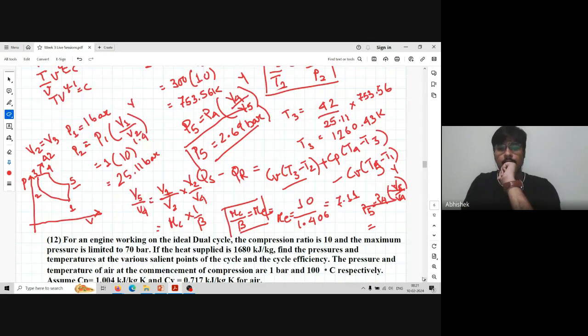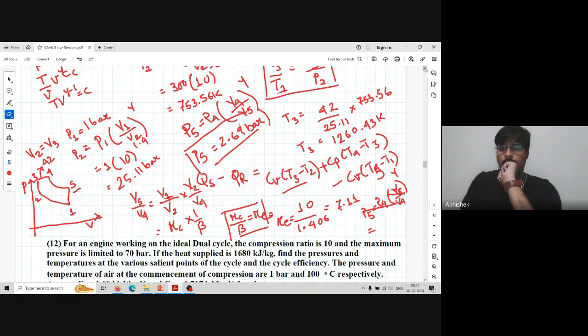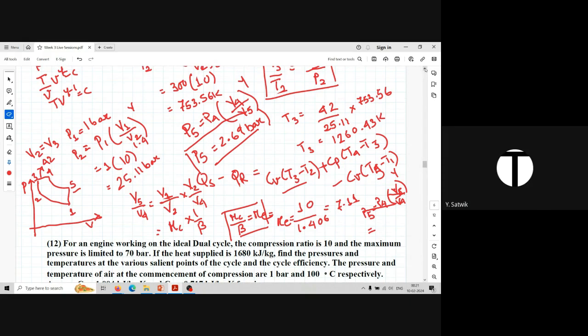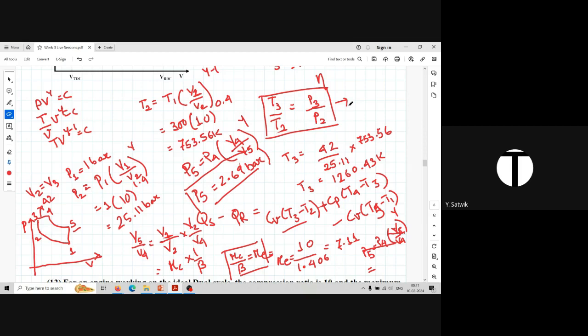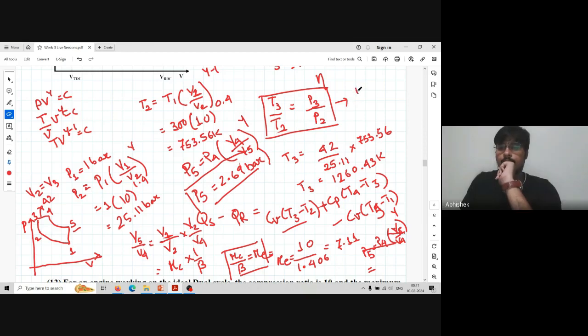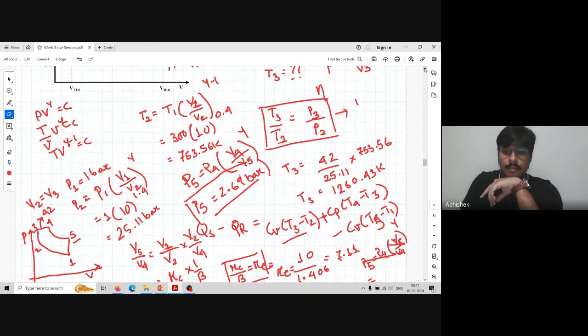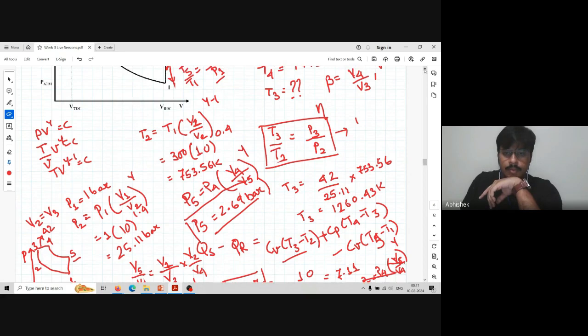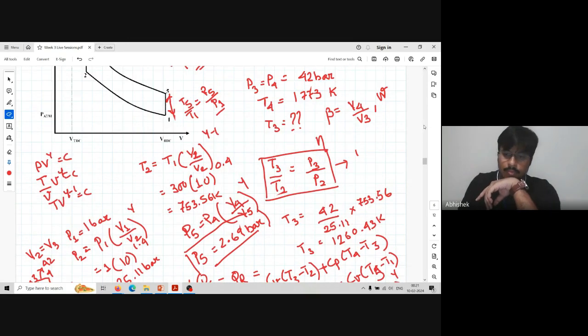Did you get that much? So guys are trying calculating. Then what do we have to calculate? T5. Calculate T5 from there.